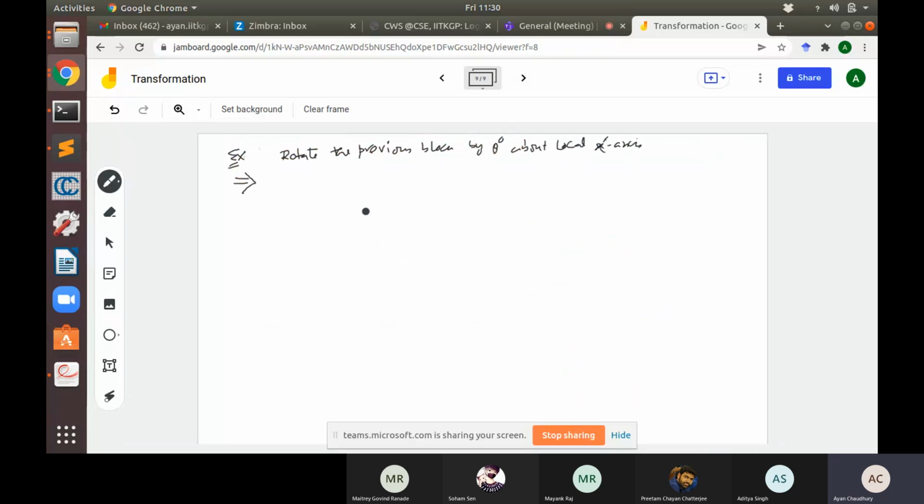So in this case, basically, we have to translate the block parallel to the x equals 0 plane, right, until the x prime axis is coincident with the x-axis.